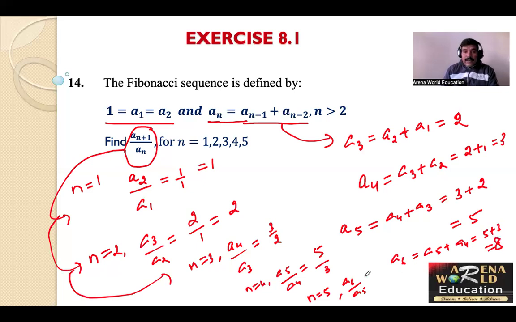So a6 upon a5 will be 8 upon a5. What is a5? It is 5. So finally we have 1, 2, 3 by 2, 5 by 3, and 8 by 5. There is no calculation error. Very good. So in this way, we can solve question number 14.